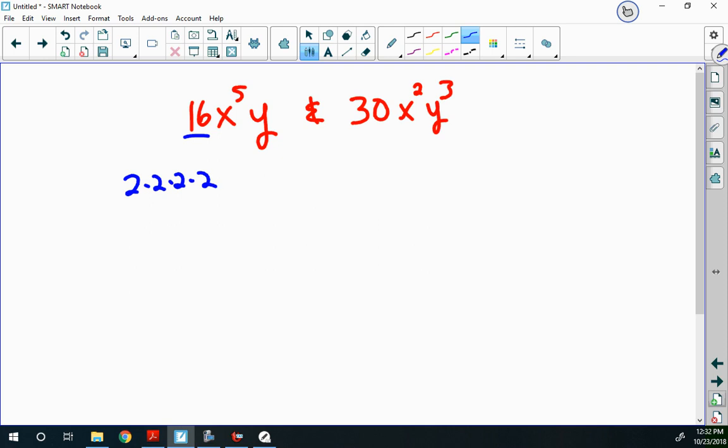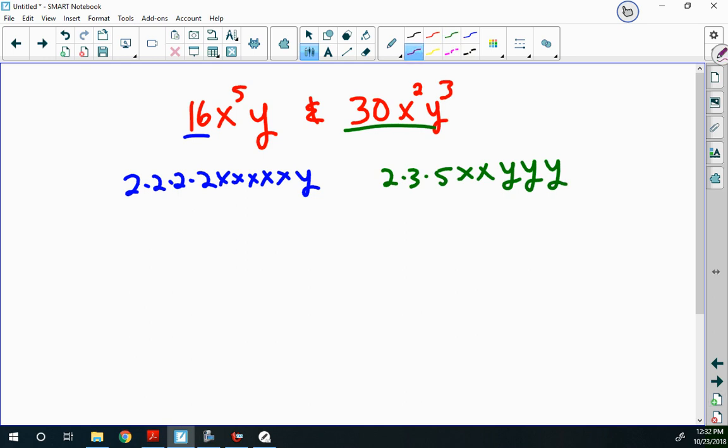X to the 5th, x, x, x, x, x, and y. And then 30 is going to be 2 times 3, that's 6, times 5, right? 2 times 3 times 5. And then x squared is x, x. Y cubed is y, y, y. So what's my answer? What's my GCF? What's the most stuff that these things have in common?